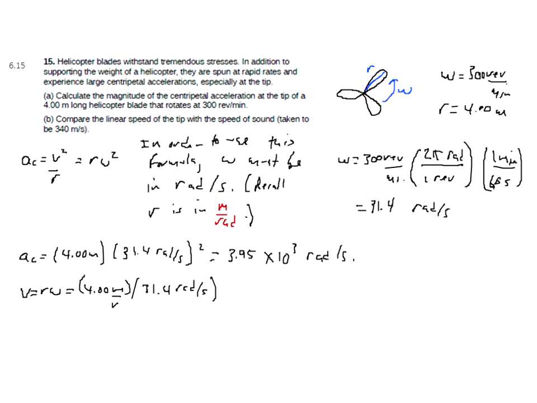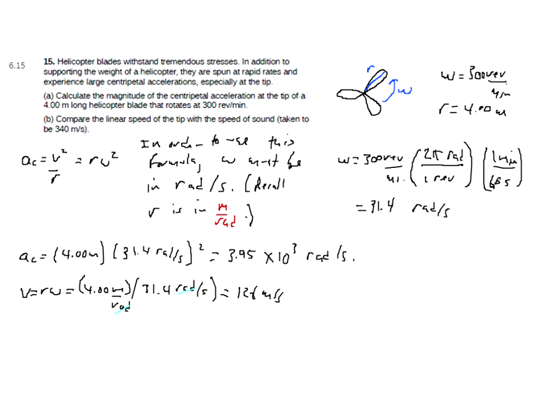And remember, this is meters per radian, and that's how we can get the radians to cancel out. That gives 126 meters per second.